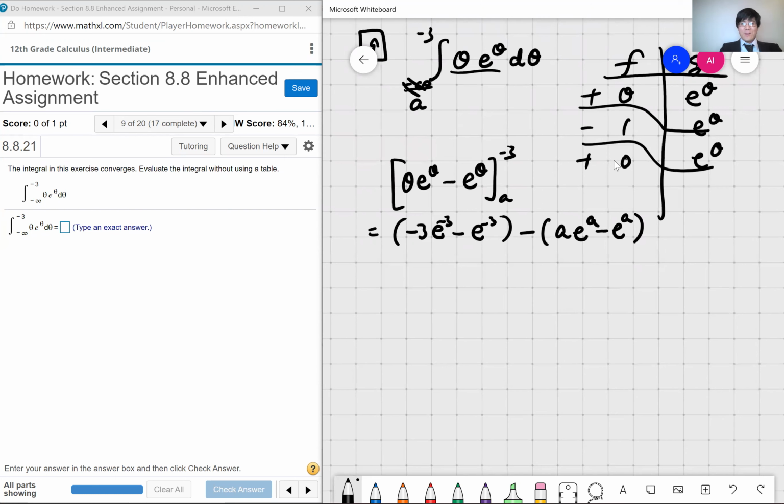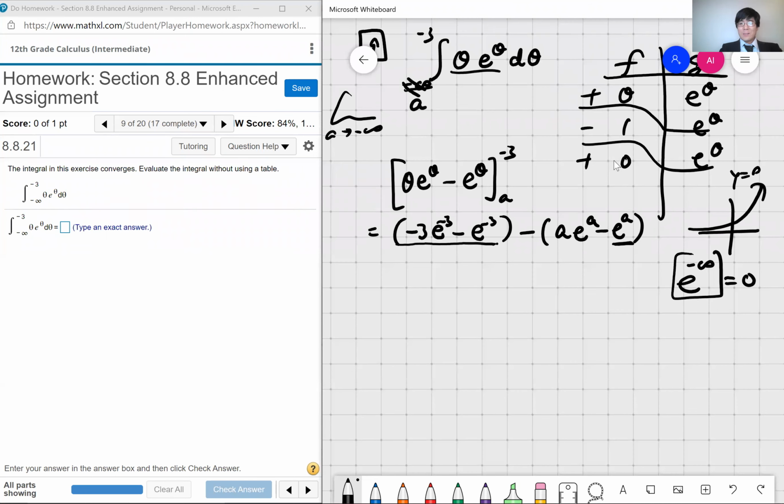Now we are going to take a limit of this one. The limit of this one is just a number, so this is done. And for the limit of this one, you want to consider e to the negative infinity. We are going to take the limit as a approaches negative infinity. This is equal to 0, as you see in the graph of y equals e to the x.